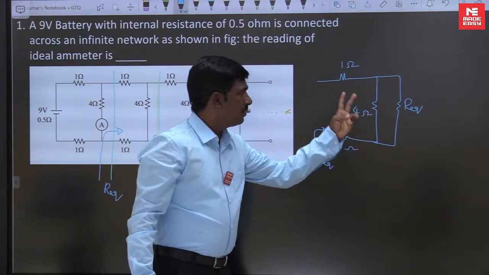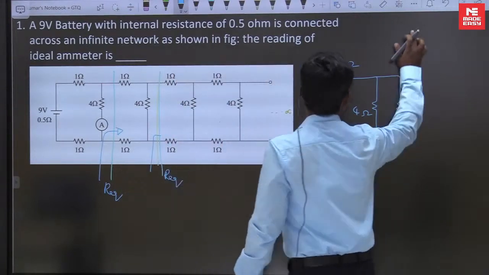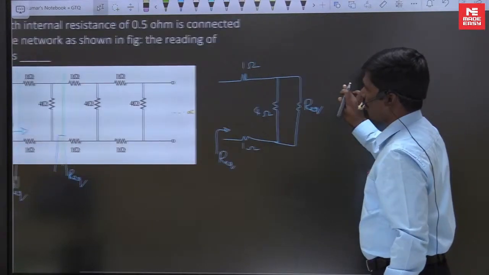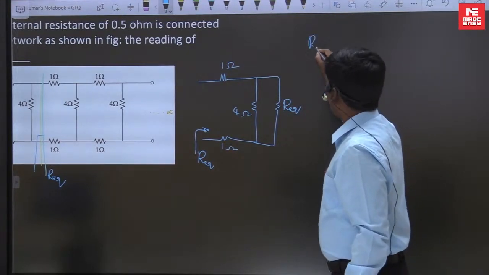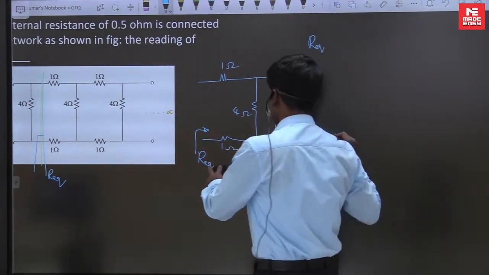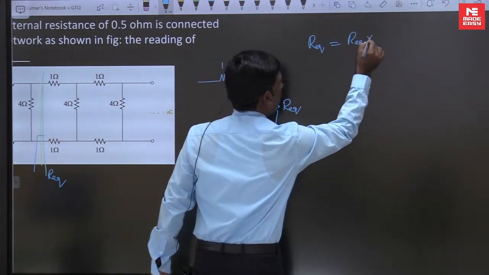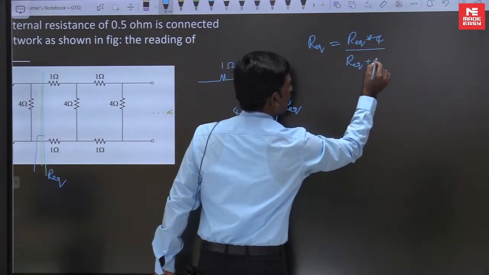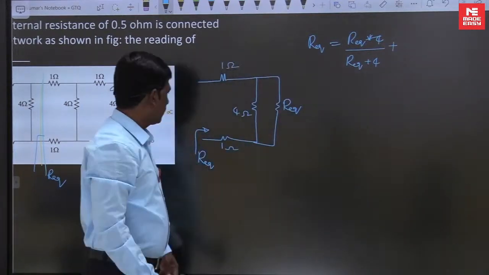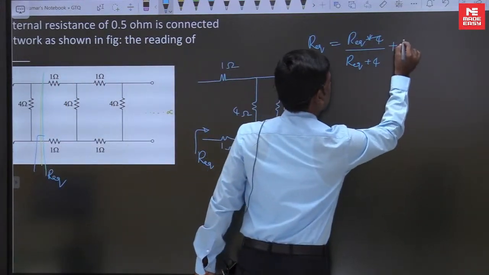These two are in parallel, then in series. So R equivalent is equal to R equivalent into 4 by R equivalent plus 4, plus 1 plus 1, which is 2.